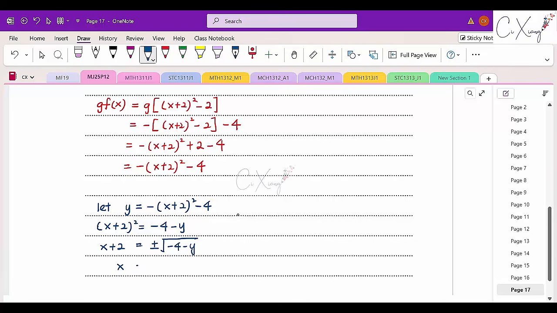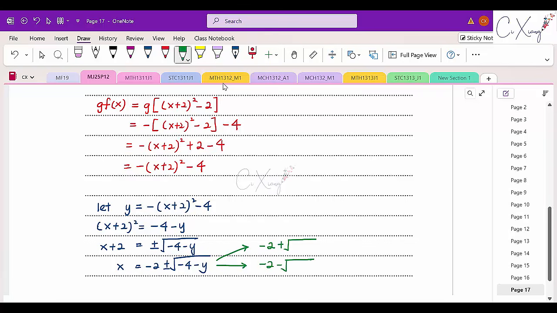Then I move the 2 over again, it becomes negative 2 plus minus square root of negative 4 and also negative y. Okay, then now I want to decide, because until this step, I'm having two possible answers for the inverse function. So I'm having negative 2 plus square root something, and also negative 2 minus square root something.